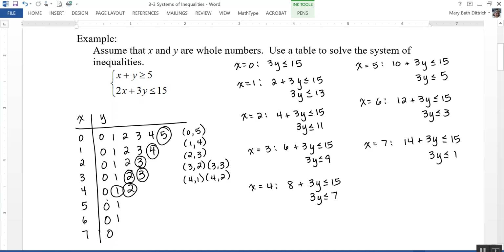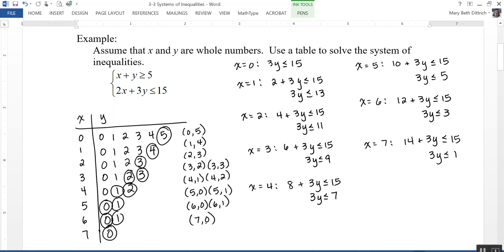And for 5, both 0 and 1 work. So 5, 0 and 5, 1. And the same thing for 6. When I add the x and the y, I get a number that's greater than or equal to 5. So 6, 0 and 6, 1. And the last one, 7, 0, also works.